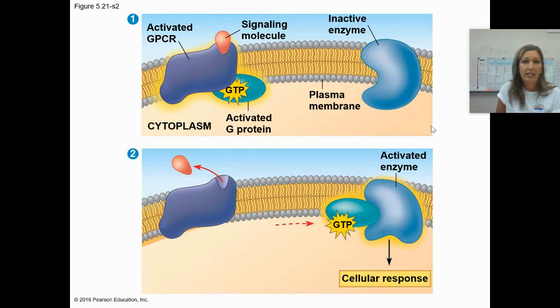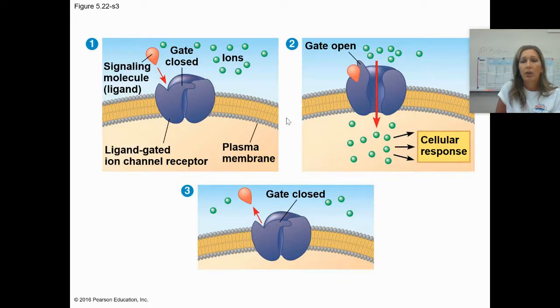Here are some different examples of types of reception. I can have this G-coupled reaction where the signal molecule is here and that activates GTP, which activates another enzyme, so it could be a two-step process for reception. I can also have ligand-gated channels.